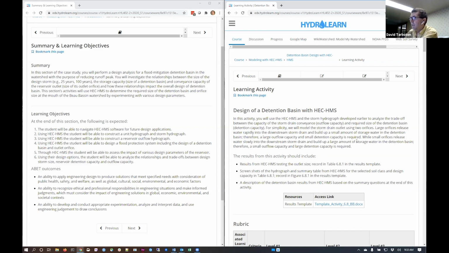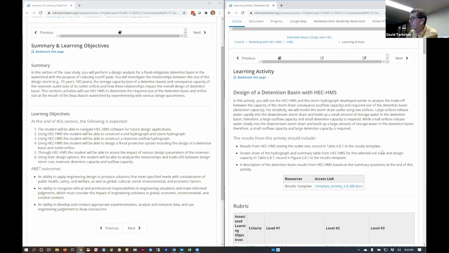So the learning activity says it will use HMS and the storm hydrograph developed earlier to analyze the trade-off. So we're starting to see some alignment here because they will be using HMS. We were talking about students being able to navigate through things, and results from HMS testing and outlet size and so on.